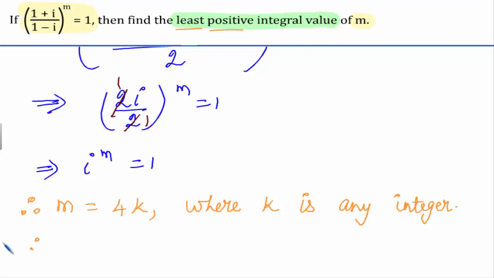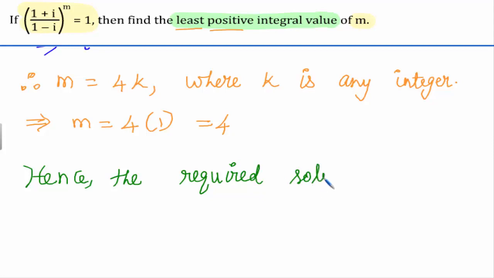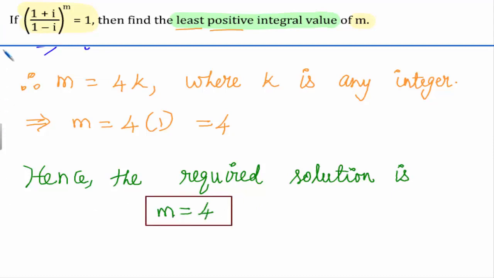Therefore, m is equal to 4 multiplied by 1, since 1 is the least positive integer. So this will be equal to 4. Hence, the required solution is m is equal to 4. This completes the solution.